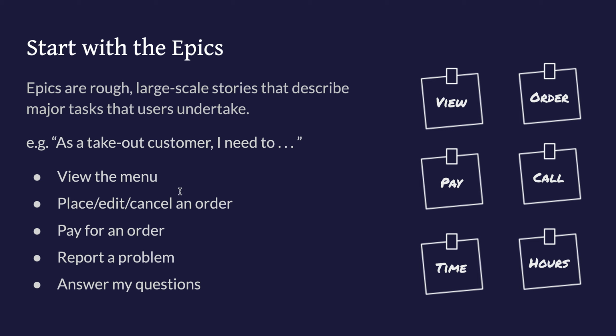These are all grouped under place an order, or I want to make a takeout order. And you can see I've written the individual names of the sub-stories on these different post-it notes here. The overall epic includes all of these post-it notes. So the overall epic would be, as a takeout customer, I want to place an order efficiently. And that would include all of these sub-steps.